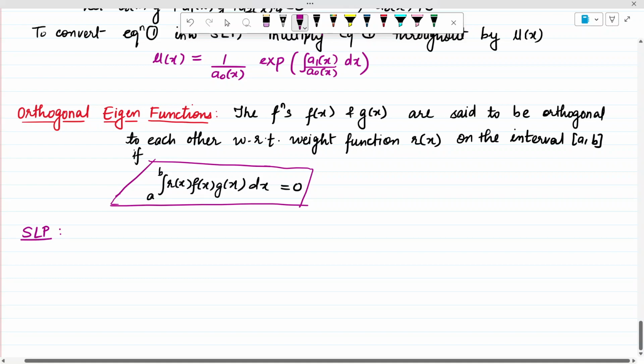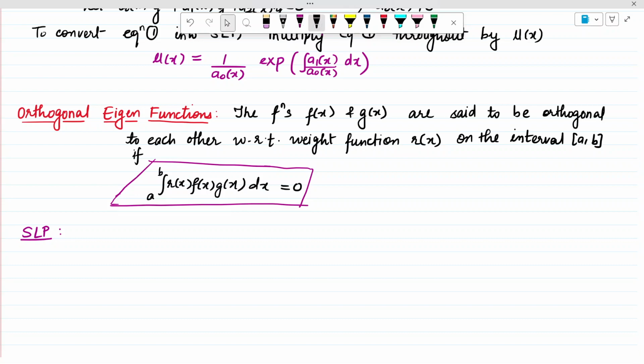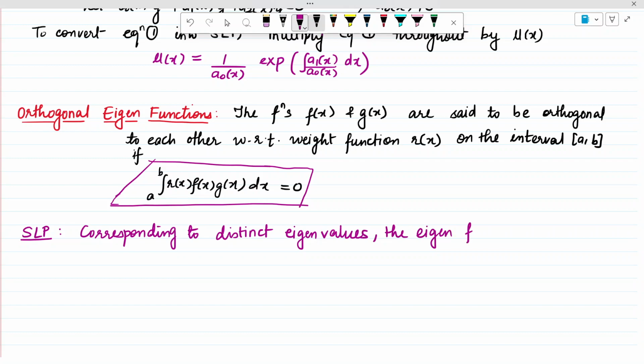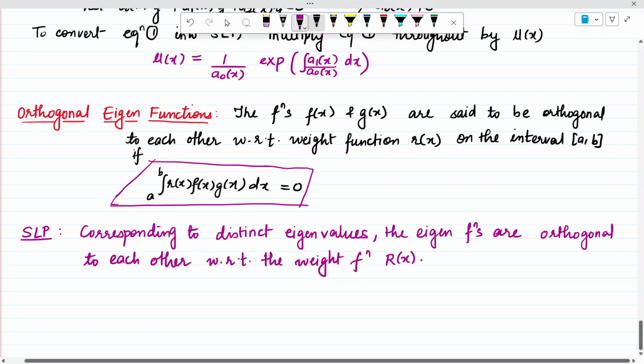When you talk about SLPs, we say that corresponding to distinct eigenvalues, the eigenfunctions are orthogonal to each other with respect to the weight function capital R of x.